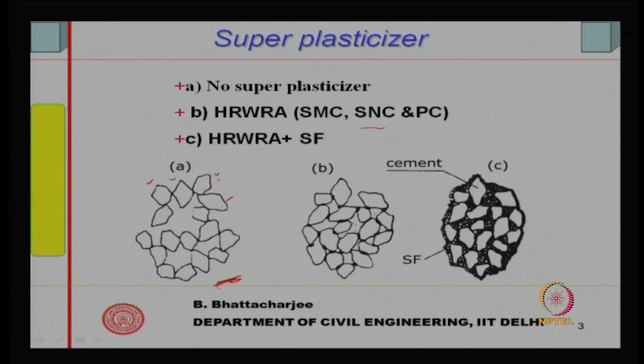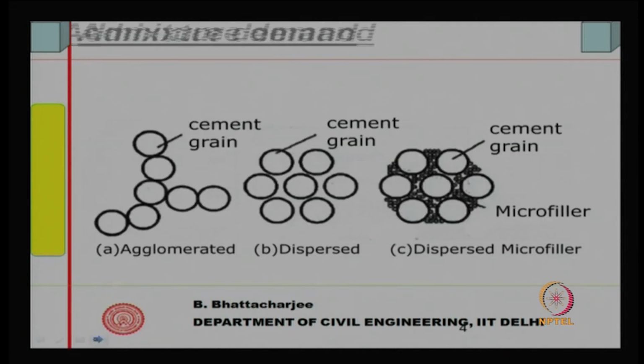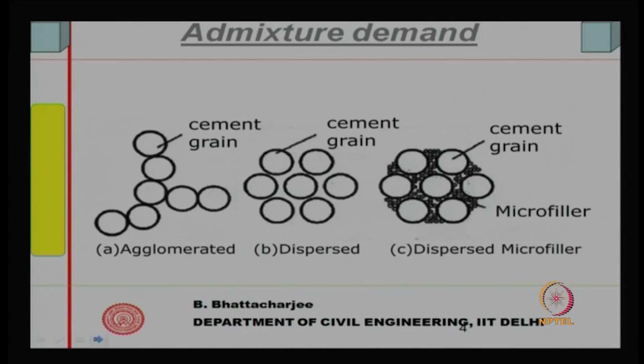High range water reducing agent, that is sulfonated melamine condensates or sulfonated naphthalene condensates or PC, gives you something like this, but when you have high range water reducing agent plus silica fume, you get something like this. So, they are much better, a more dense and uniform structure, and cement particles are well dispersed, and that is what we saw in the last class.